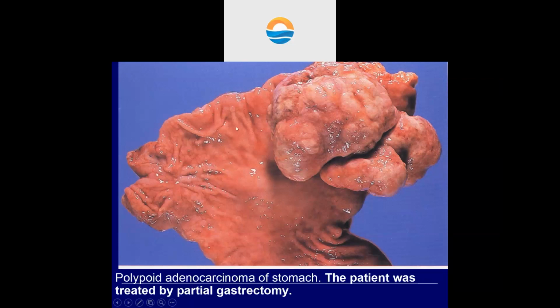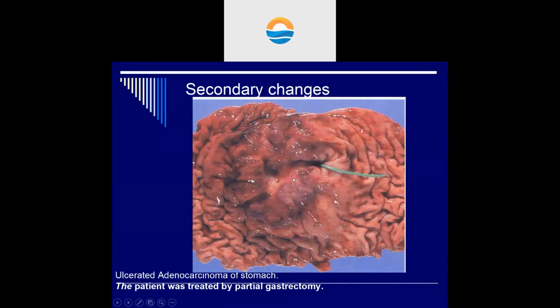See here the gastric mucosa, and here the mass of the polypoid adenocarcinoma of the stomach. Here you see an example of secondary changes, adenocarcinoma with ulceration. This particular patient was treated by partial gastrectomy.